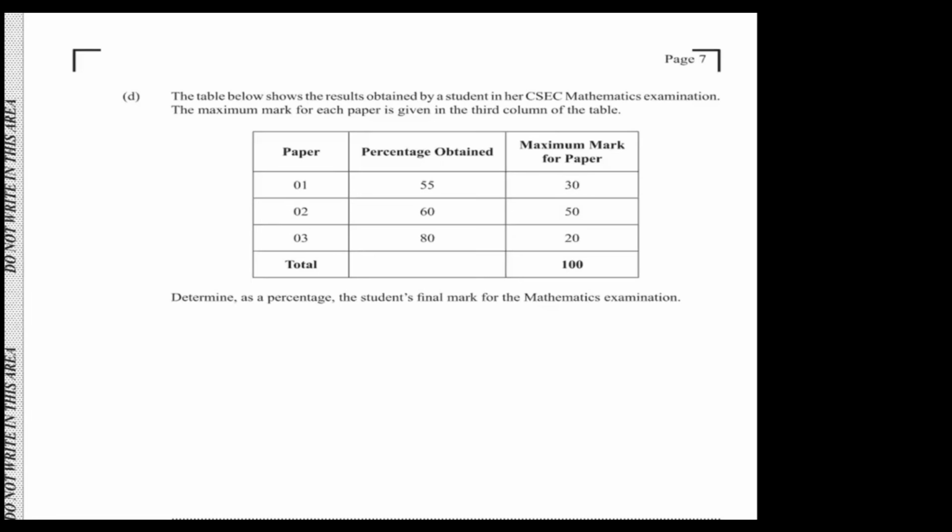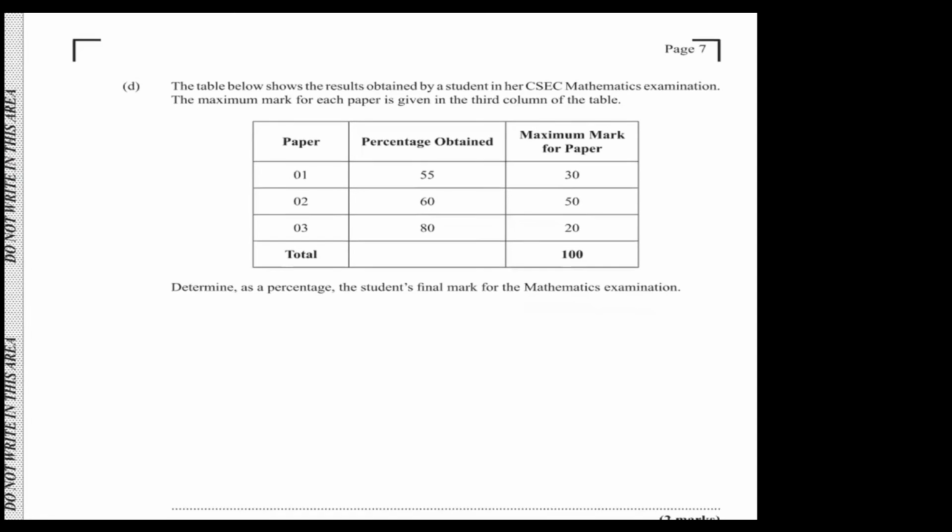Paper 2, she obtained 60% out of 50. Paper 3, which is her SBA, she obtained 80% out of 20. It says, determine as a percentage the student's final mark for the exam.